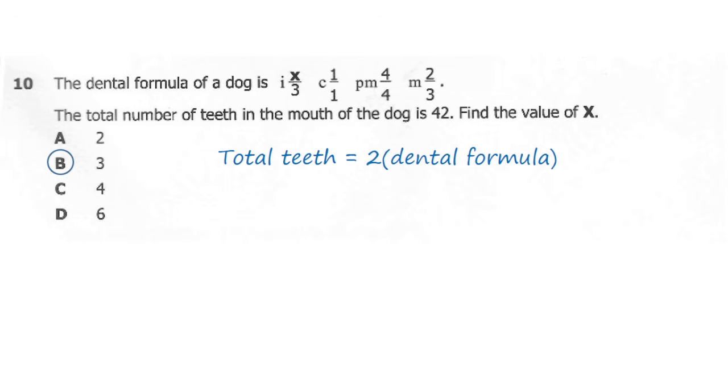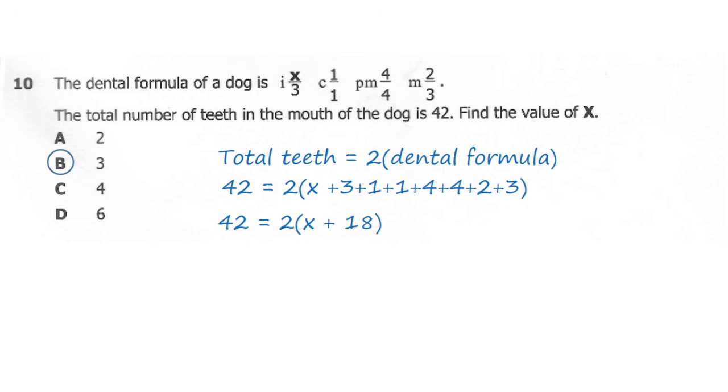Here our total number of teeth is 42, which equals 2, then open brackets, we add the number of teeth: x plus 3 plus 1 plus 1 plus 4 plus 4 plus 2 plus 3. When we add that up, we get 18. So we say 42 equals 2 open brackets x plus 18 close brackets.